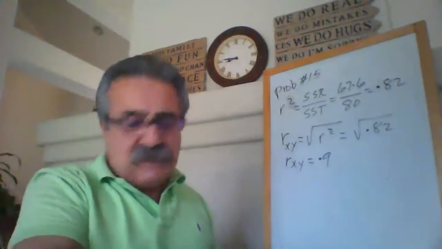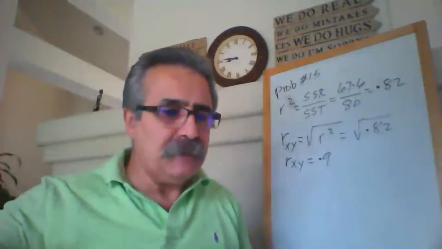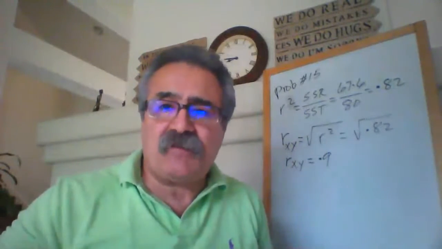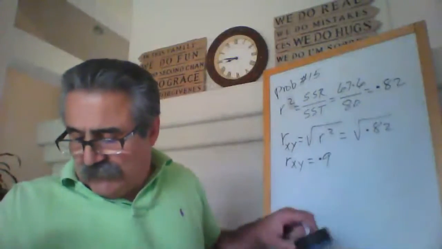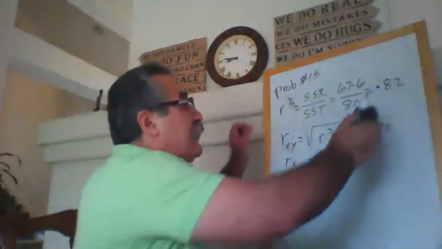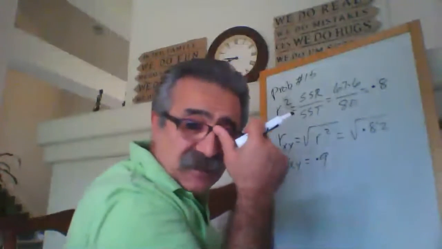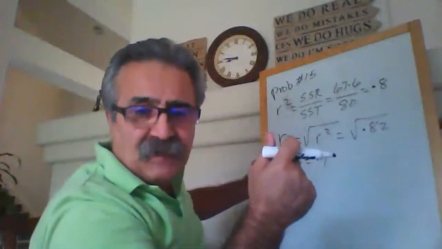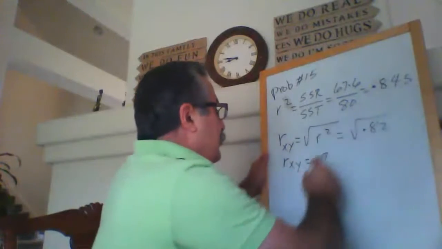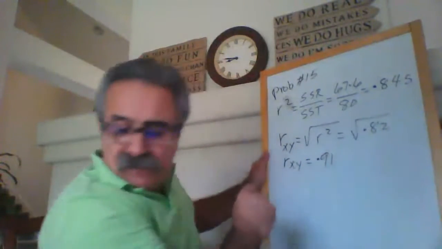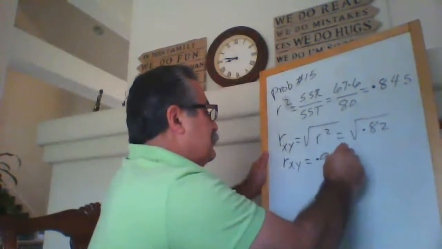I think that R squared came out to be 0.84. When I finished the lecture, I did exactly 8.45, and then 0.9192.